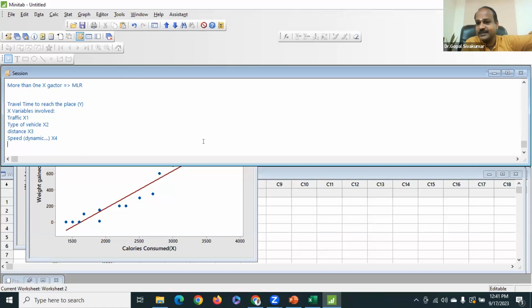So traffic is significant to travel time. The conclusion: low traffic, the average time taken is some value, but heavy traffic, the average time is a higher value. And the difference between the two averages is found to be significant. This is a two sample t-test they have done. They realized traffic is a significant factor.